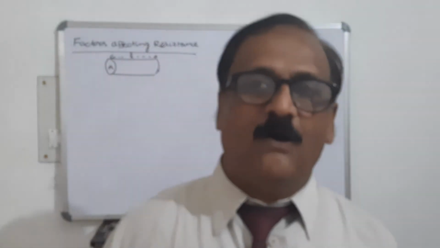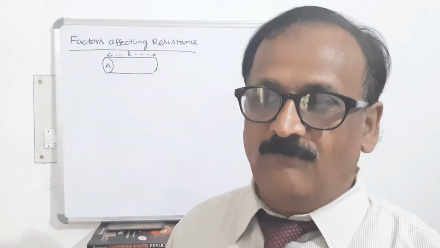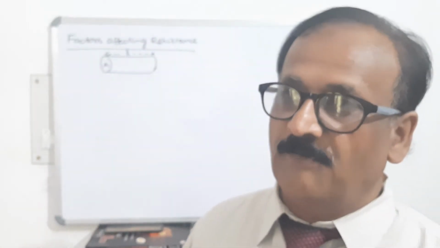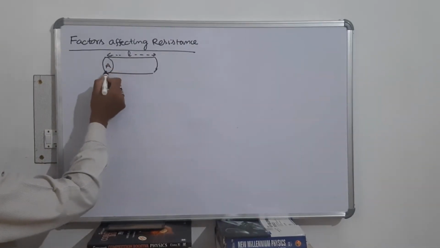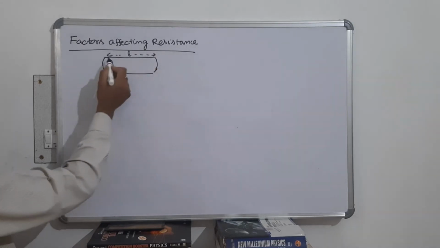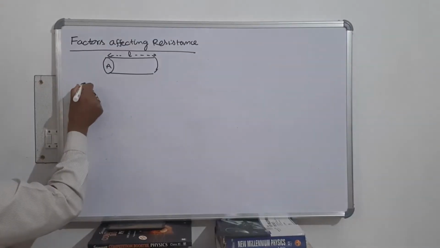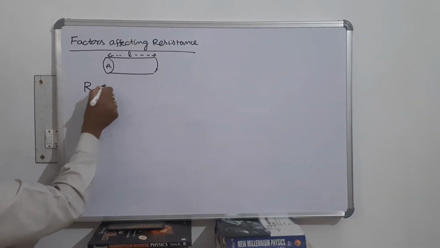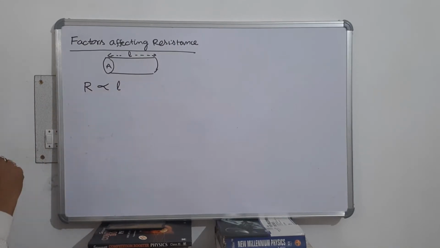So students, now I will discuss factors affecting the resistance. On what factors does the resistance of a conductor depend? Suppose this is a uniform conductor, its area of cross section is A, and its length is L. Then the resistance of a conductor is directly proportional to length. As you increase the length of a conductor, its resistance increases.